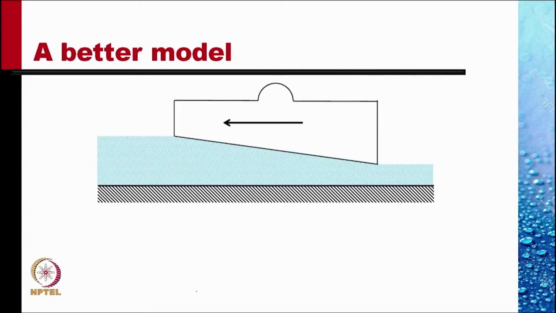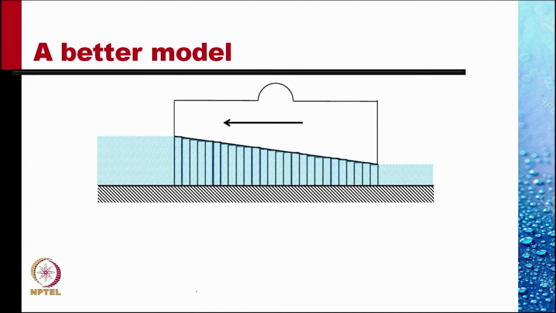This was a very drastic model that we used, in which we used one step. We could improve the model by considering a very large number of steps. We can take each step of length dx and calculate by equating the flow rate through each of those parallel walled channels.